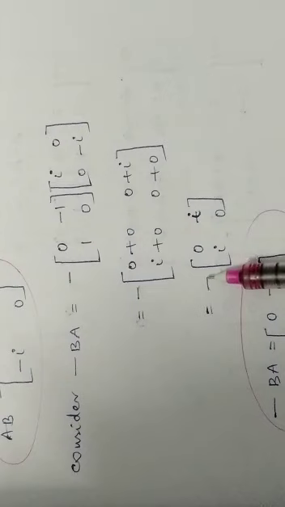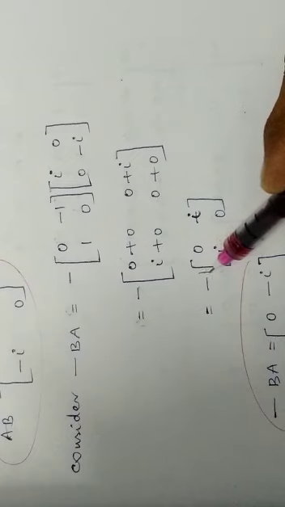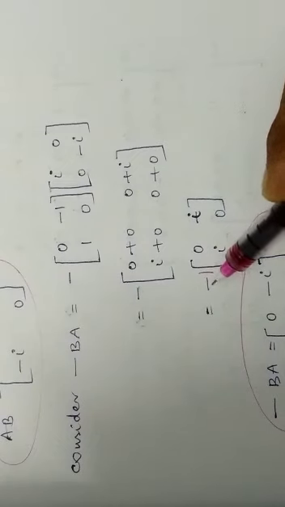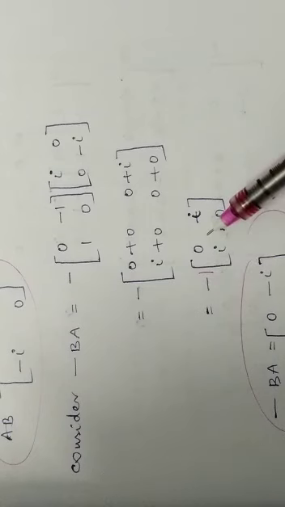Now multiply this matrix with minus 1. If there is no coefficient, you have to treat it as 1. Since there is minus, multiply minus 1 to this matrix, which is scalar multiplication.